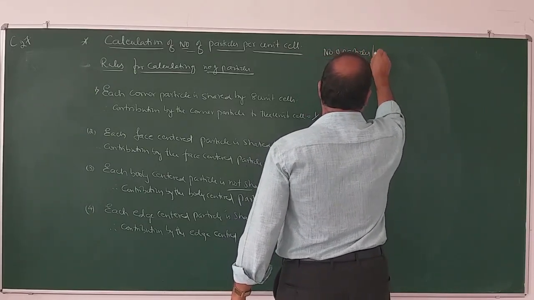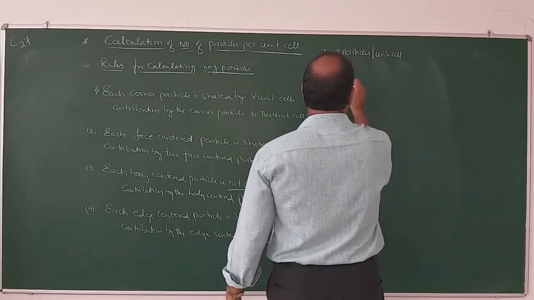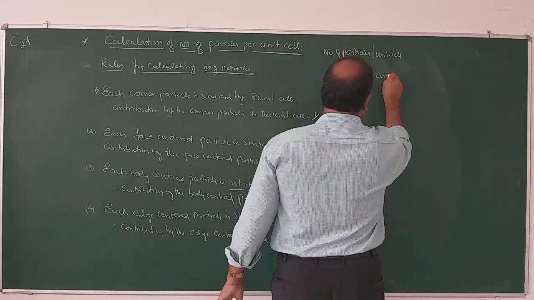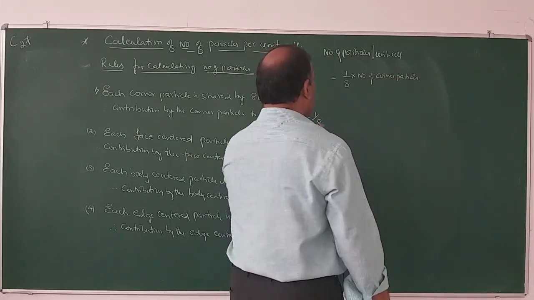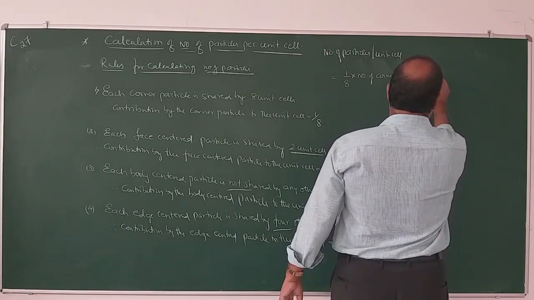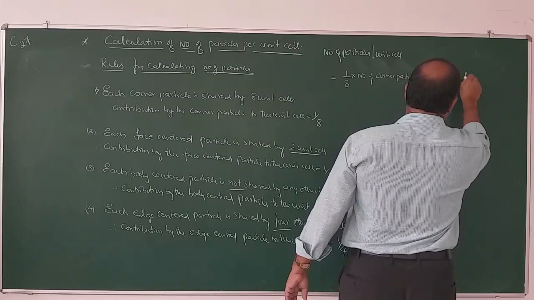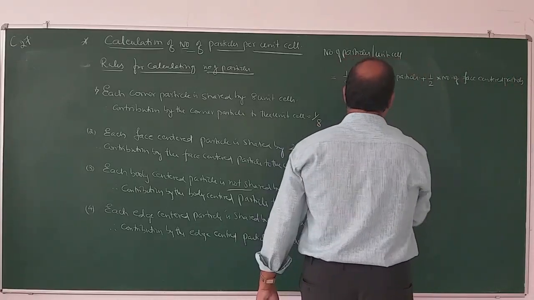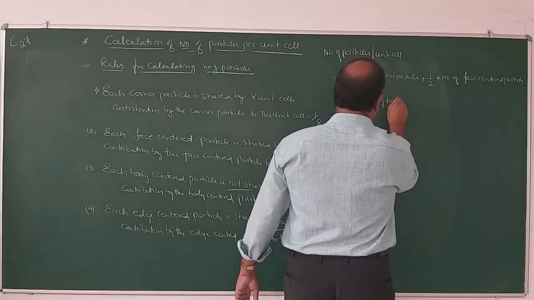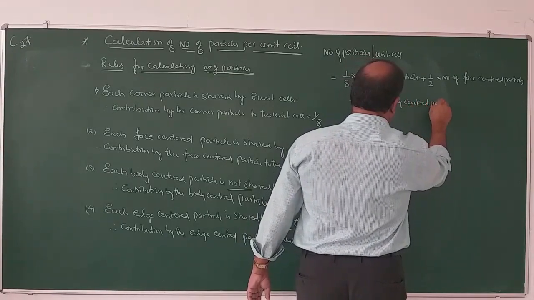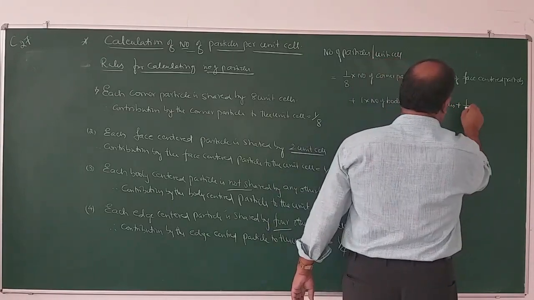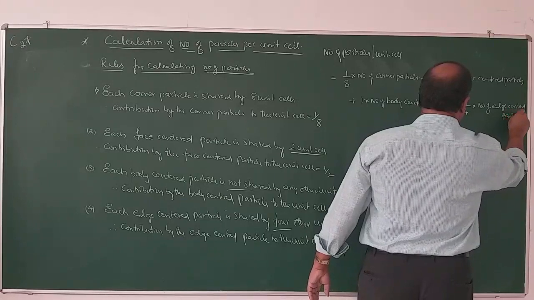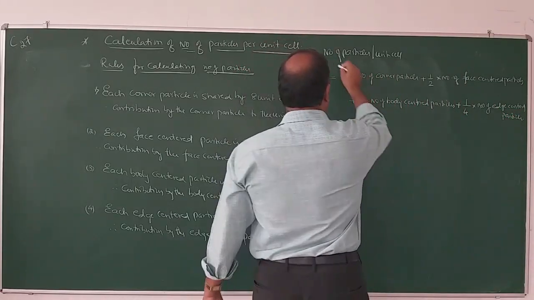Number of particles per unit cell is equal to 1 by 8 into number of corner particles, plus 1 by 2 into number of face-centered particles, plus 1 into number of body-centered particles, plus 1 by 4 into number of edge-centered particles.